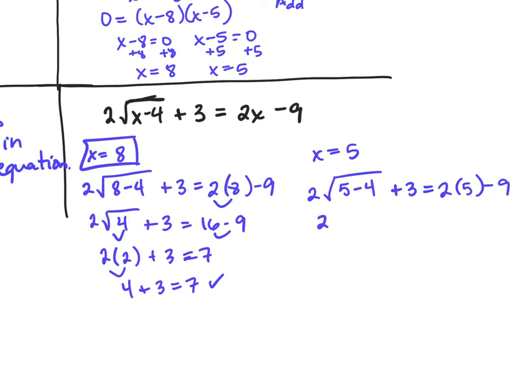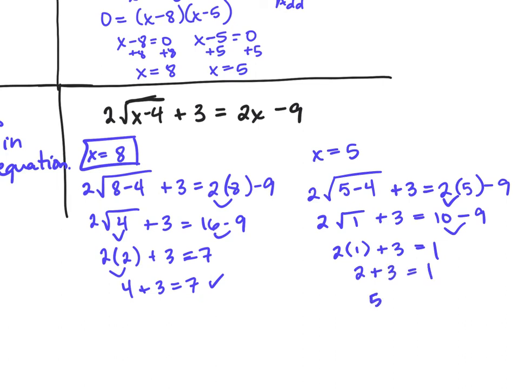So I've got 2 times the square root of 1 plus 3 equals 10 minus 9. 2 times 1 plus 3 equals 10 minus 9 is just 1. So 5 equals 1. That is not true.